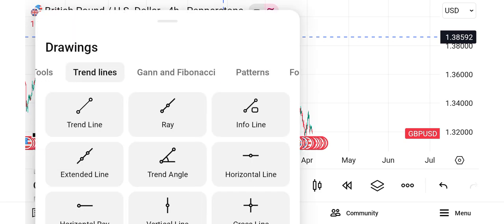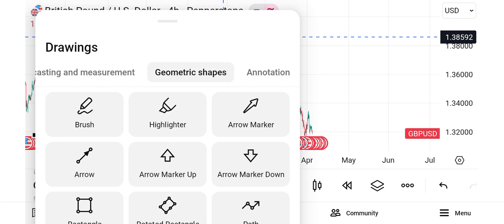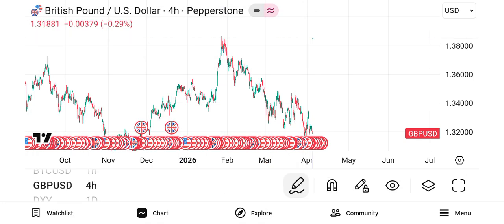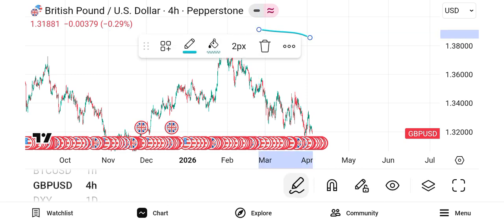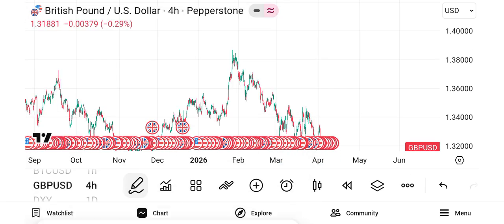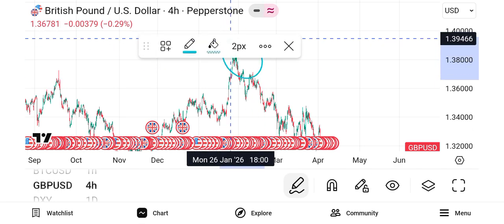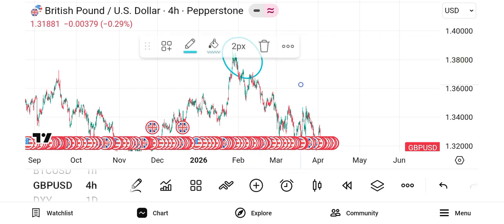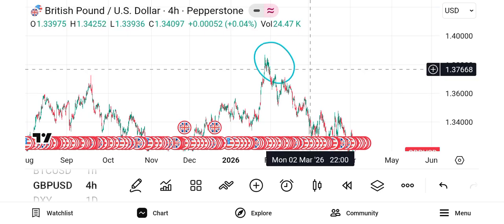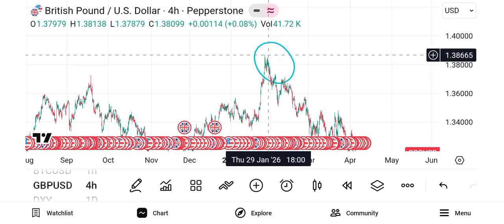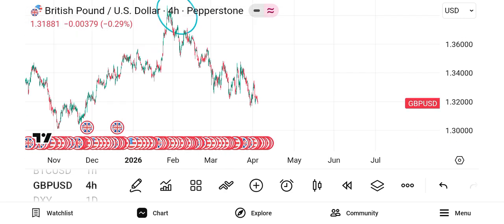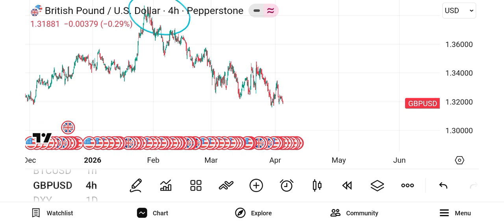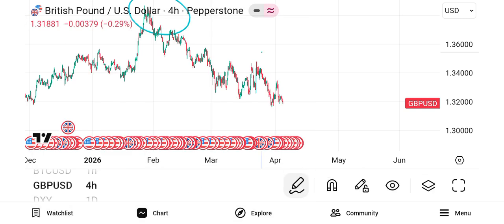Here, I call this a peak, where I drew this circle, which is also known as the lower high for a downtrend. And also here we have a peak.